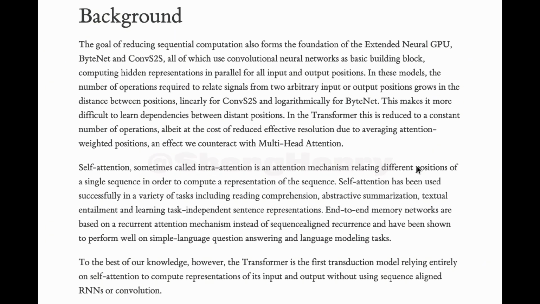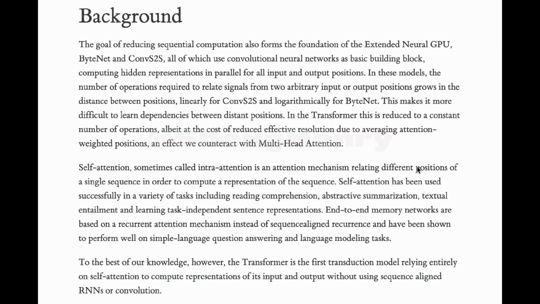The first part is called Significance of the Transformer Model. Introduced in the paper Attention Is All You Need by Vaswani in 2017, the transformer model revolutionized how sequences are processed in machine learning. Prior to this innovation, recurrent neural networks and convolutional neural networks dominated sequence-to-sequence tasks.